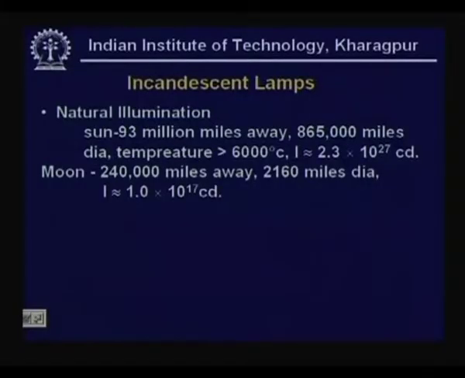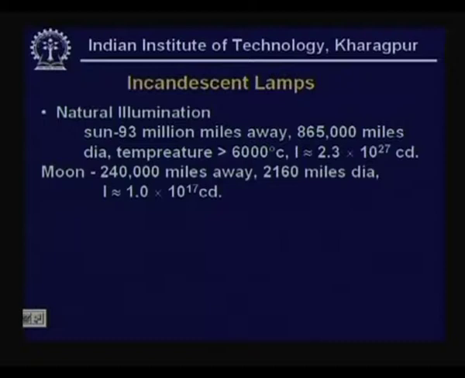Looking back at the parameters of natural light, we have the sun, which is about 93 million miles away, having a diameter of 865,000 miles, with temperatures much greater than 6000 degrees centigrade. It can be said to have a luminous intensity of 2.3 into 10 power 27 candela.